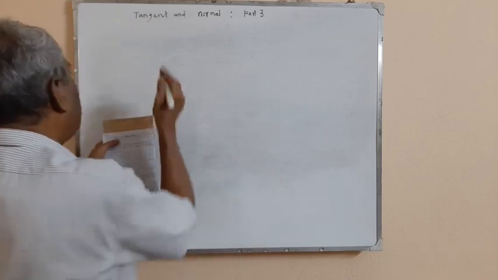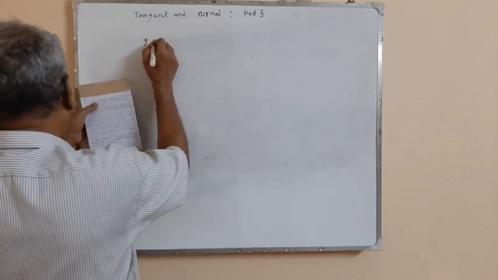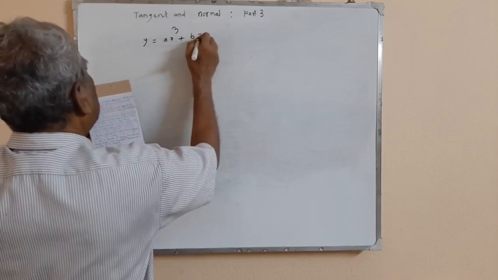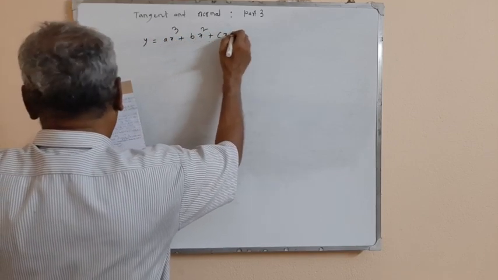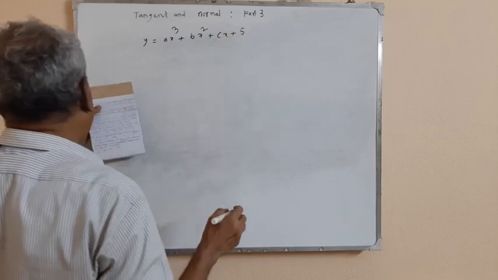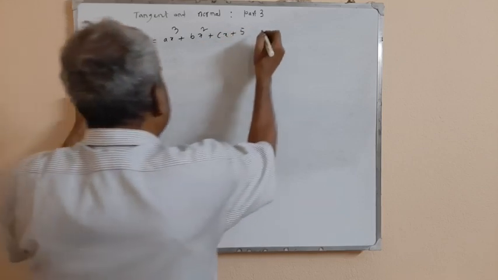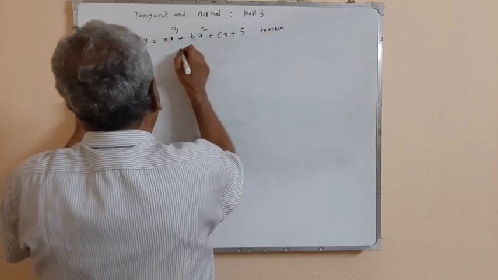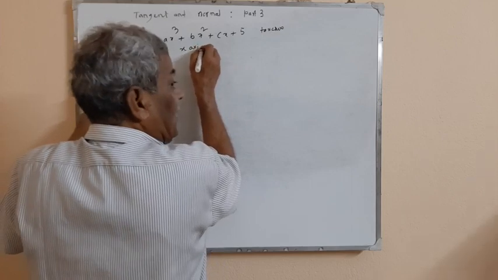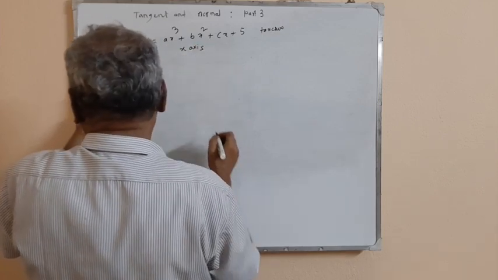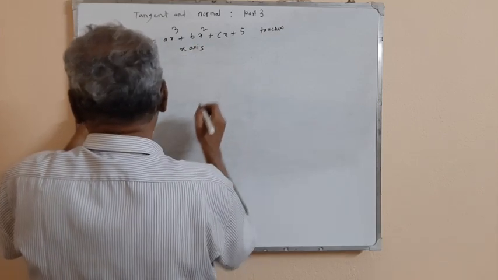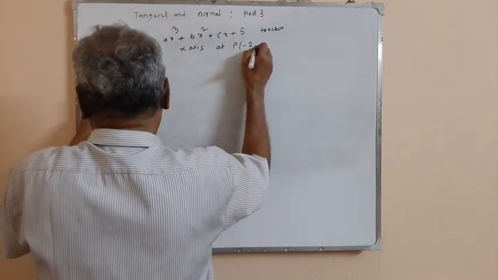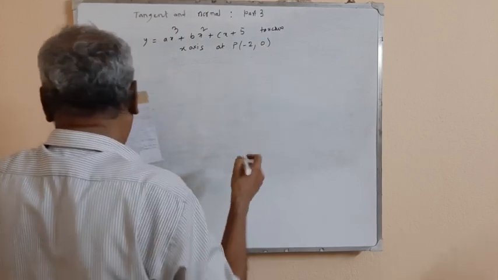Next one: y is equal to ax cube plus bx square plus cx plus 5 touches the x-axis at P, where P is (minus 2, 0).